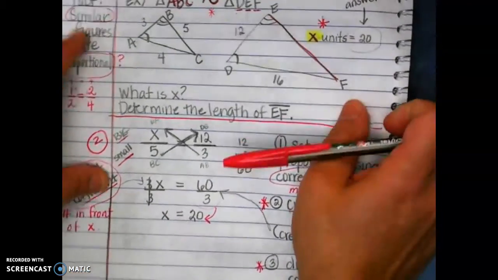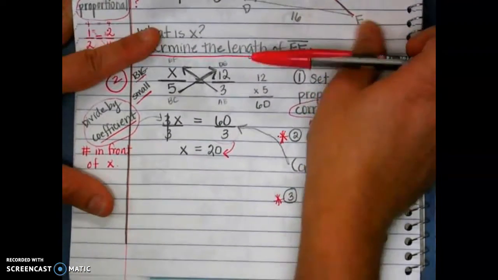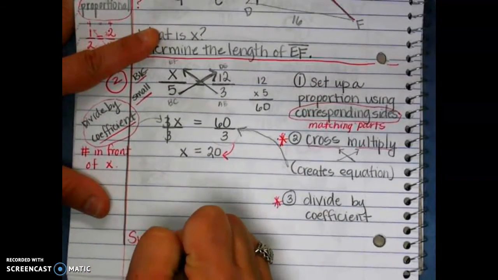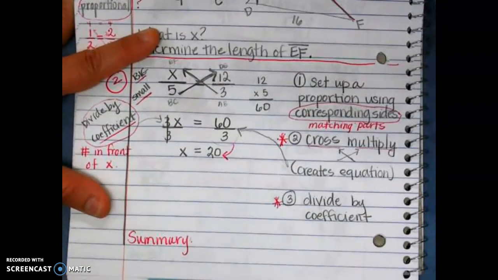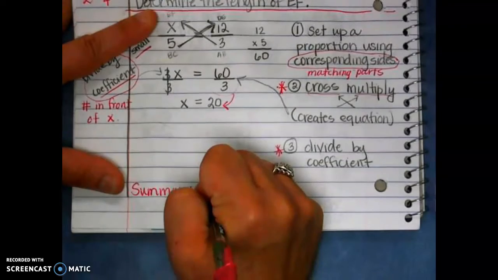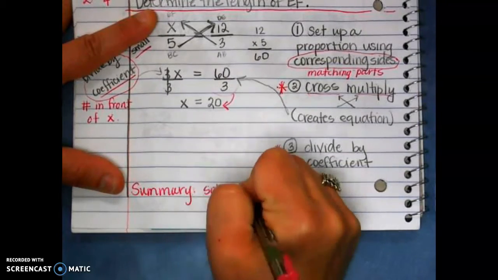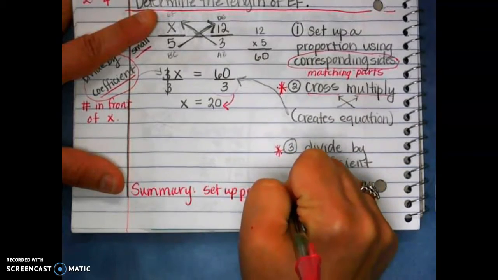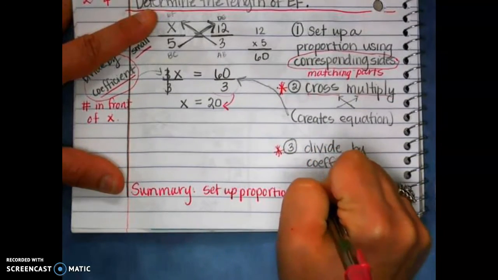Now, I'm going to write just a quick summary down at the bottom to help me with these notes. My summary is just going to be an answer to the question: how do I determine missing links of similar figures? I'm going to set up a proportion with corresponding parts.